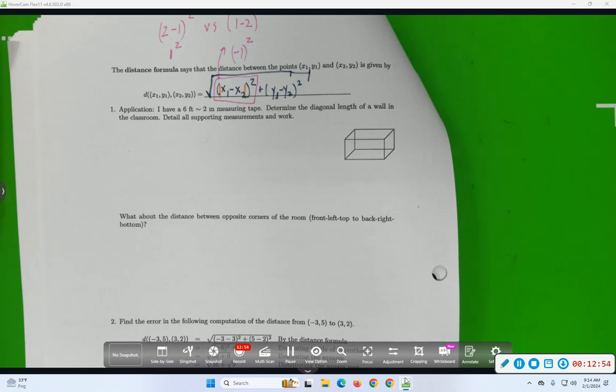Can you see that? If you get on the chair, then you should be able to pull it up higher.